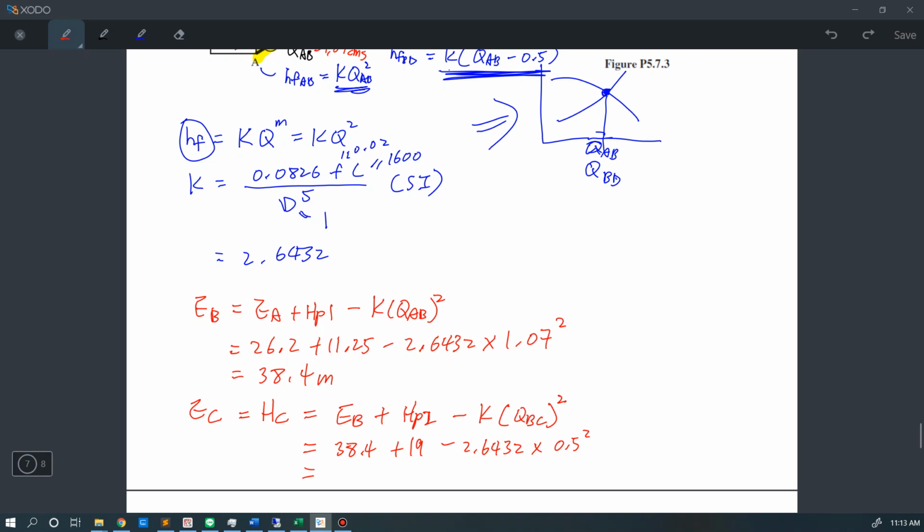I miscalculated this number. This is not 38. This is, just wait a second. My computer. Okay, let's ignore that. This is 34.4238 meter.